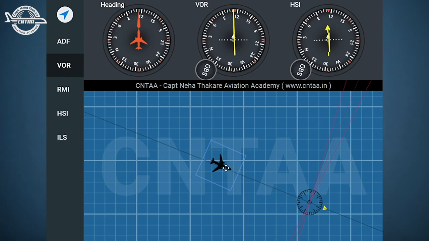So earlier you were flying from the VOR Alpha Lima India, now you are flying to VOR Lima Kilo November. If aircraft gets drifted to left, CDI will indicate to right, and if aircraft gets drifted to right, CDI will indicate left. So this is also correct sensing.